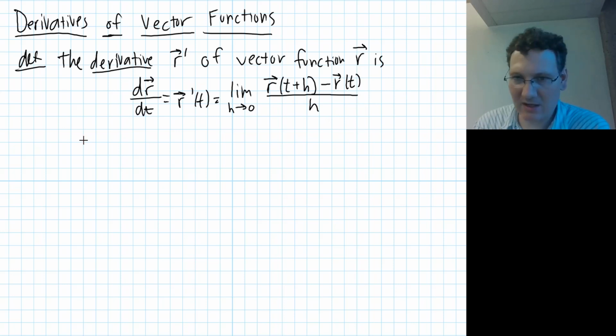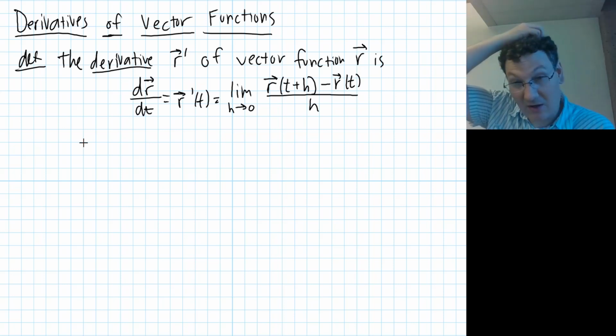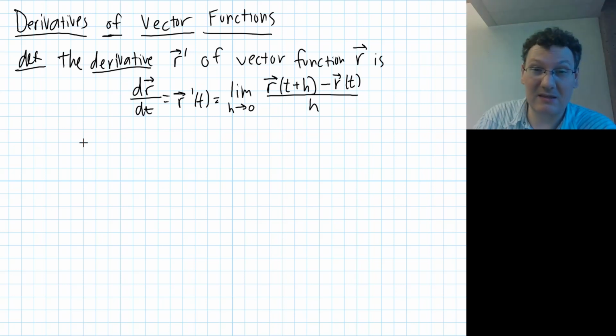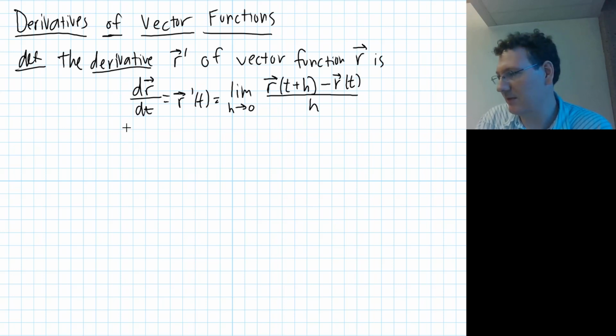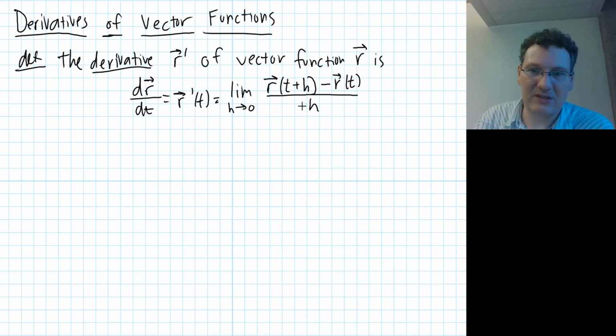Now we're not going to be doing these limits in practice because, as we already said, the derivative is a linear operator. So it's going to apply to each of these components of the vector function individually. We can actually just take the derivative of each of the components.